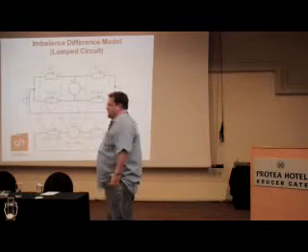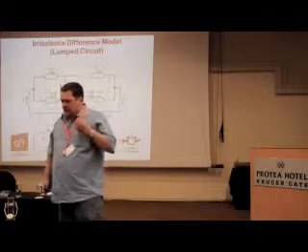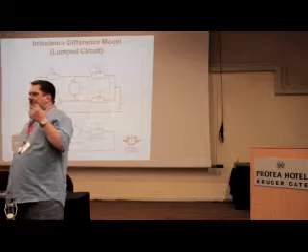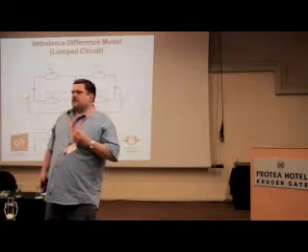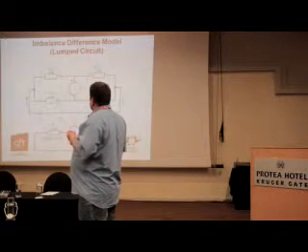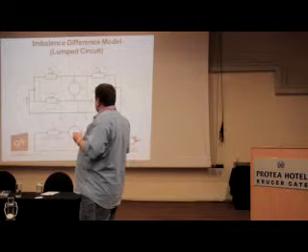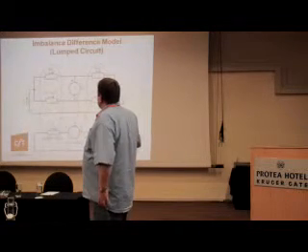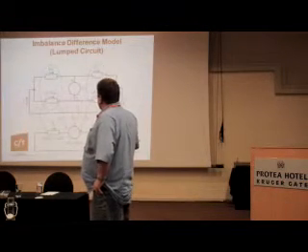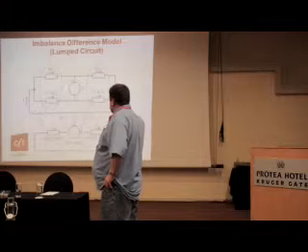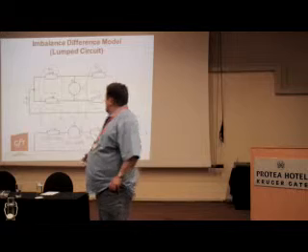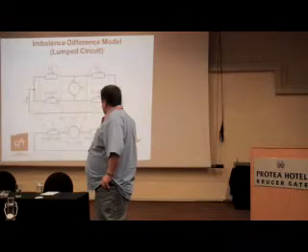The imbalance difference model was first proposed by a Japanese gentleman by the name of Watanabe, and they looked at common mode generation on PC boards. It is a lumped element model that tells you how common mode gets generated in a circuit, and then it has all sorts of things to say about what that common mode current does, and you can have equivalent circuits for the common mode current.